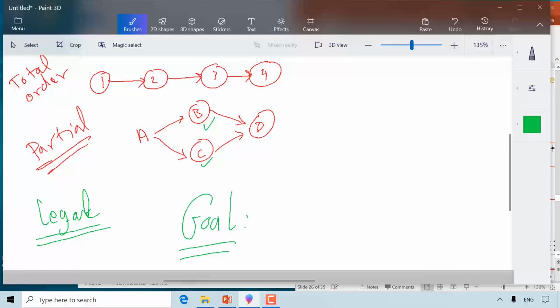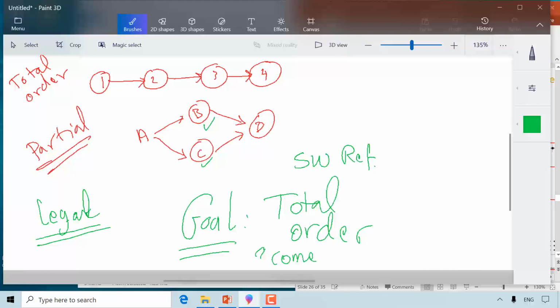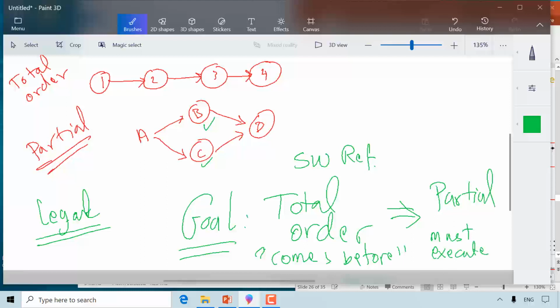Okay, so our goal in this whole discussion is that we want to convert the total order defined by the software reference design, by the relationship "comes before", the instruction comes before, to a partial order which defines the relationship that says "must execute before".